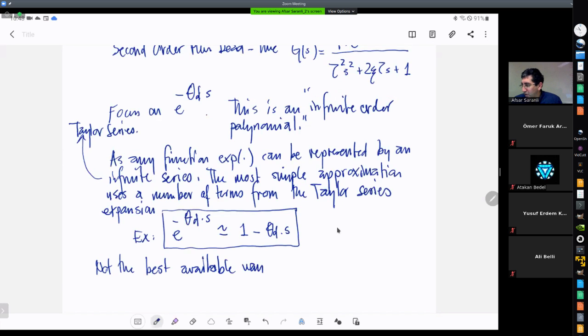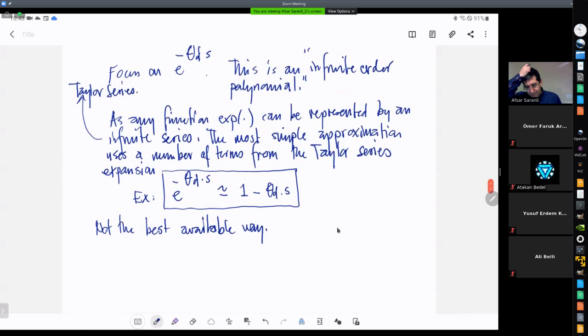Because for the exponential function there is a better approximation. And this approximation is not a polynomial, it's not a series, but it's a rational function. Okay?